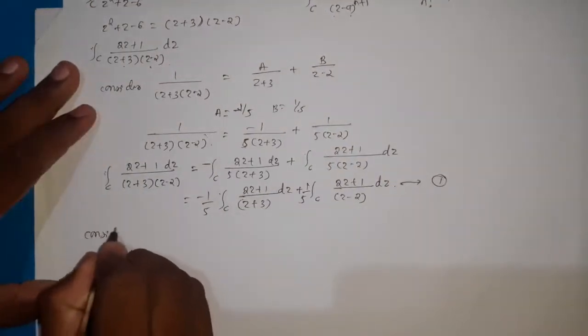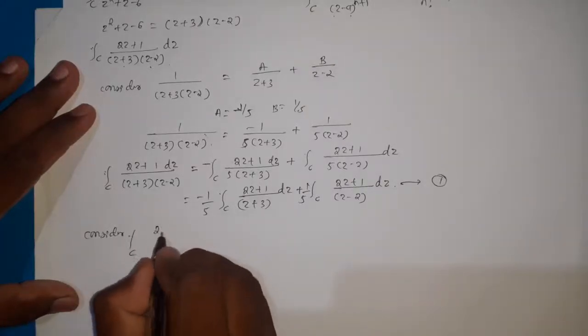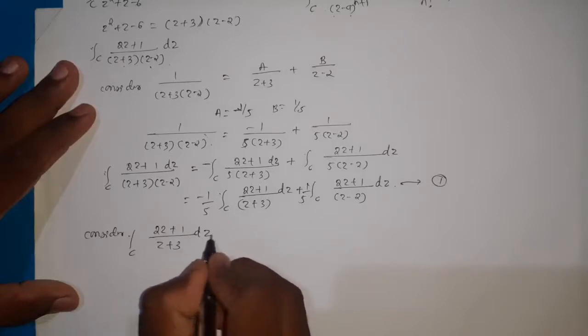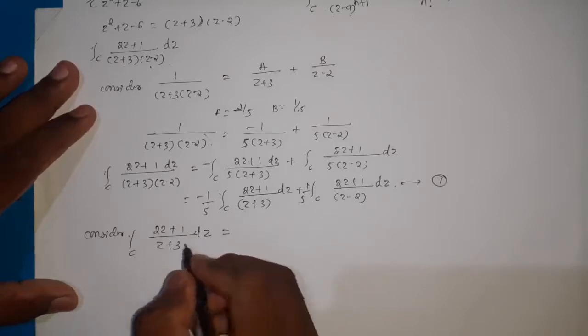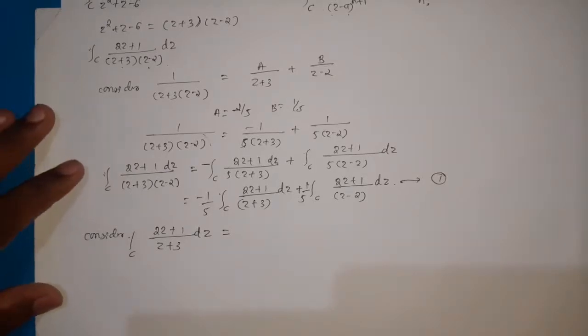From equation 1, consider the first integral, that is integration over c (2z plus 1) divided by (z plus 3) dz. So here the value of a is equal to what? Minus 3. So here we are going to apply Cauchy's integral formula.